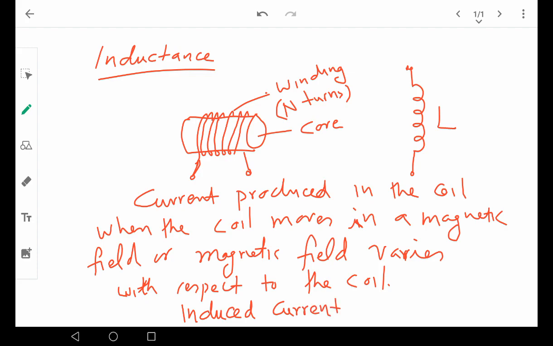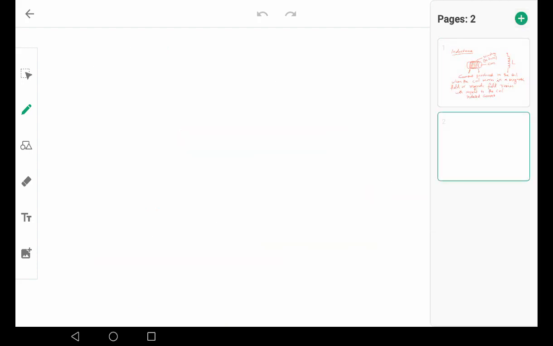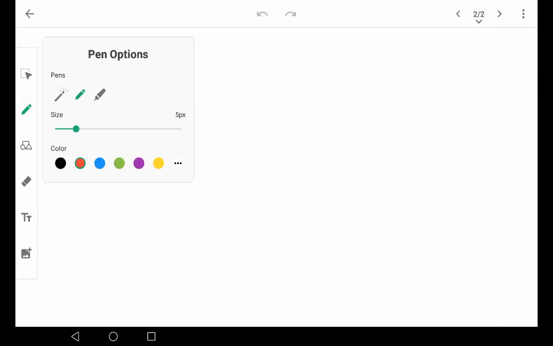There is a relation between the voltage and the current of an inductor that we will examine in the next slide. Suppose you have an inductance L, and you have voltage VL and a current flowing into the inductance given by IL.